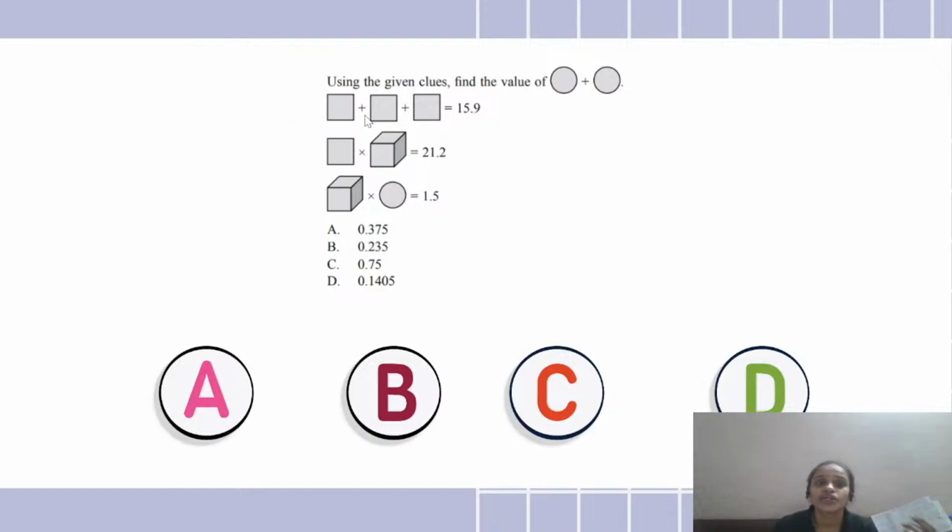They have given us the clues that when we add three squares, we get 15.9. When we multiply square and cube, we get 21.2, and cube multiplied by circle, we get 1.5. Then you have to find out what is circle plus circle.